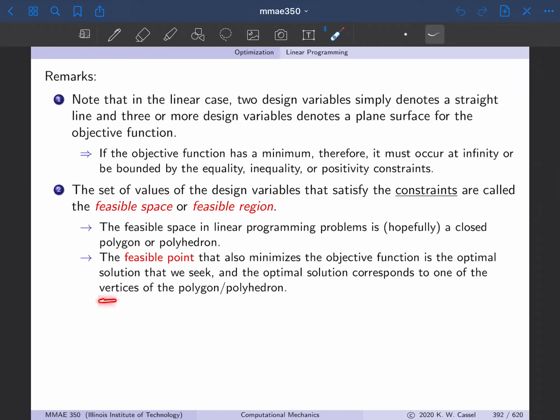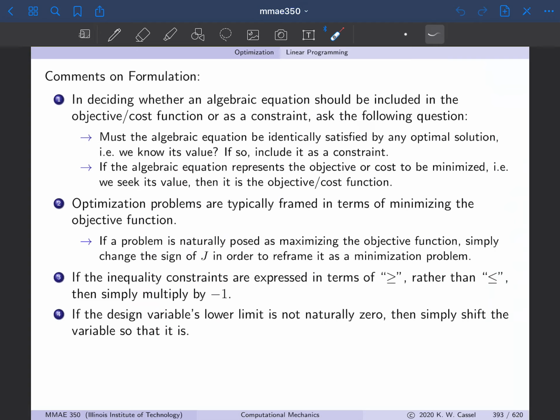And that point will be at a vertex. Now it's possible that a whole line between two vertices is at the same lowest level, but that's very unusual, so we're pretty much going to ignore that. So one vertex of the polygon or polyhedron will correspond to that feasible point. Again, we'll see how this works out in an example.